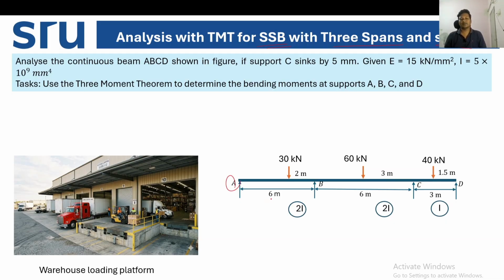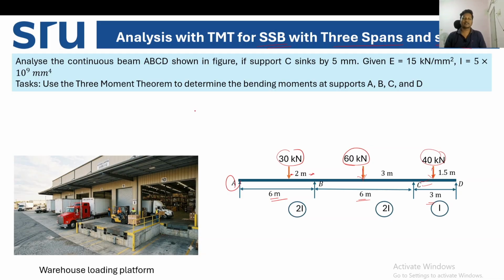The length of AB is 6 meter, BC is 6 meter, and CD is 3 meter. A point load of 30 kilonewton acts on span AB at 2 meter distance from B. Another point load of 60 kilonewton acts at the center of span BC, and another point load of 40 kilonewton acts at the center of span CD.